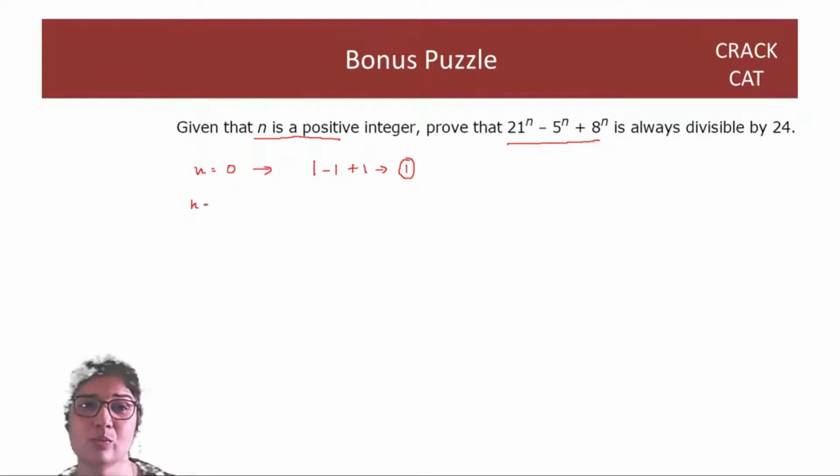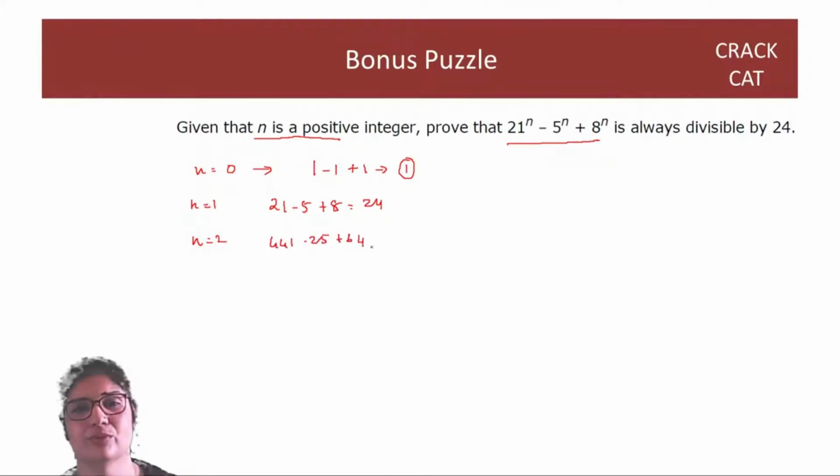So if you put n is equal to 1, you have 21 minus 5 plus 8, which is 24. If you put n is equal to 2, you have 441 minus 25 plus 64. So if I find this value out, this is going to be 416 minus 64, which is 48. 400 minus 48, 352, is this right?